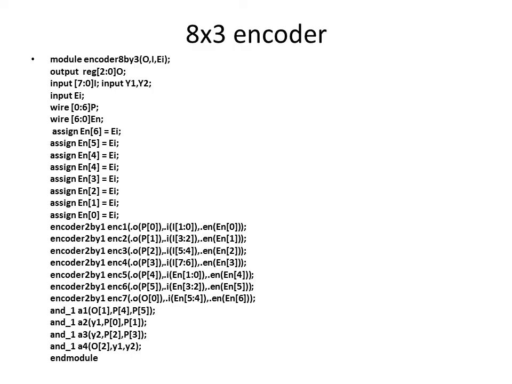And here we are using AND gates for the output signals to collect the output. That means the outputs of fifth encoder and sixth encoder are tied together to form O of 1. The outputs of first, second, third and fourth encoders are tied to form output O of 2.